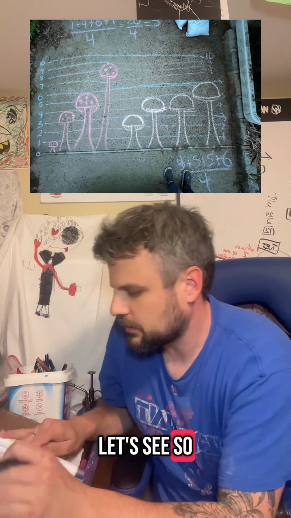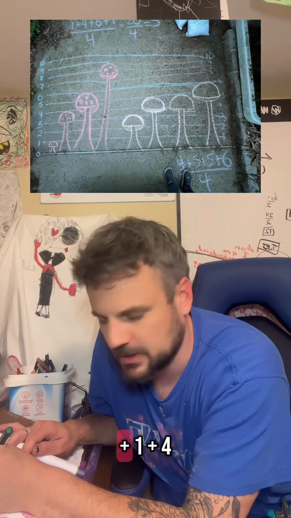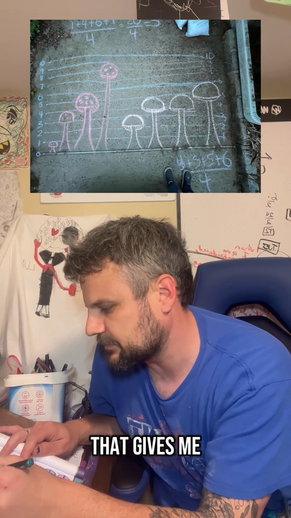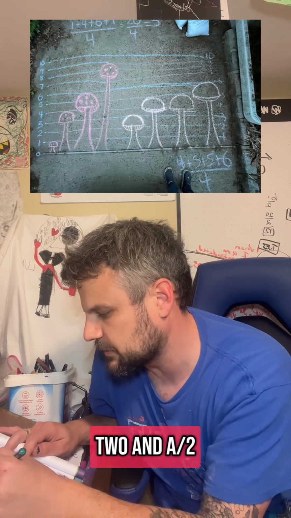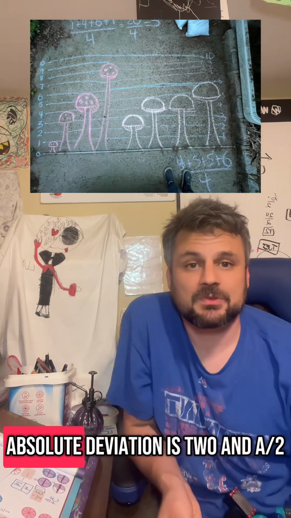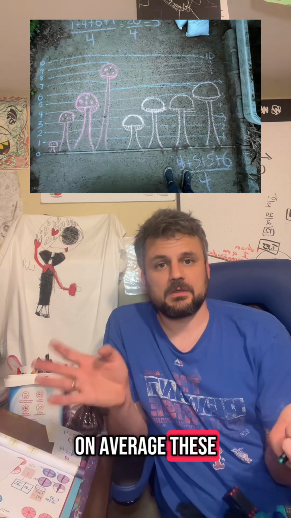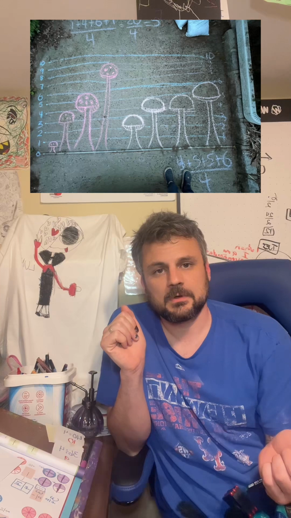So 4 plus 1 plus 1 plus 4. That gives me an average of 2.5. So I should say my mean absolute deviation is 2.5. On average, these mushrooms are 2.5 inches away from 5.